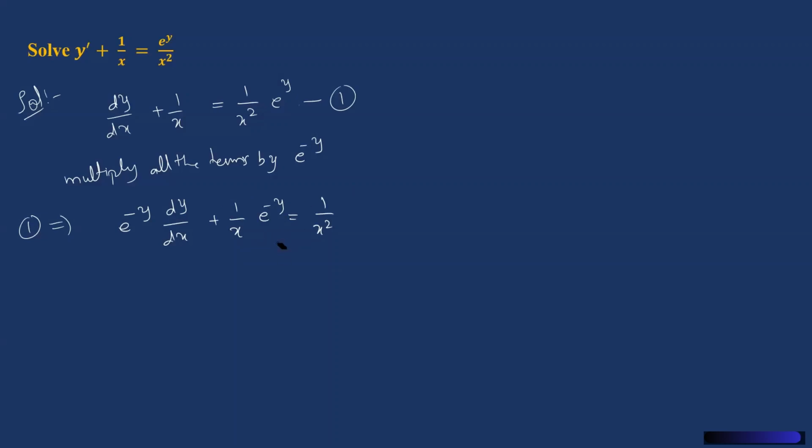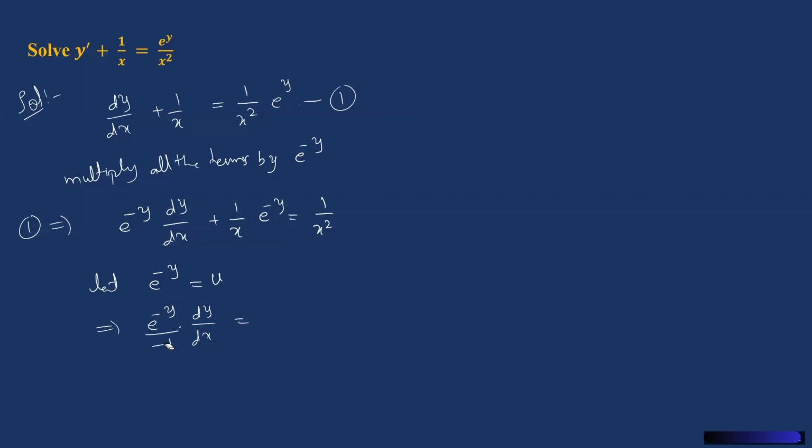So to get a dependent variable here, I'm taking a substitution: e to the power of minus y is equal to u. If you take this as u and differentiate, first of all, e to the power of minus y into dy by dx. I forgot one more thing. When you differentiate e power minus y, you will also get a minus.